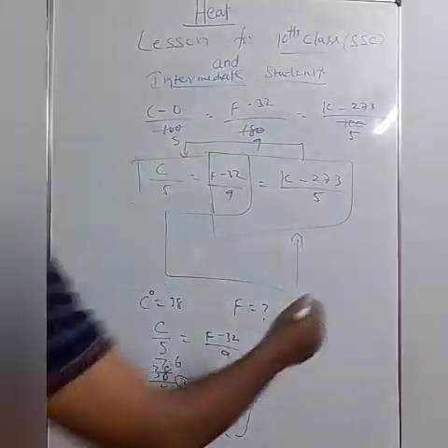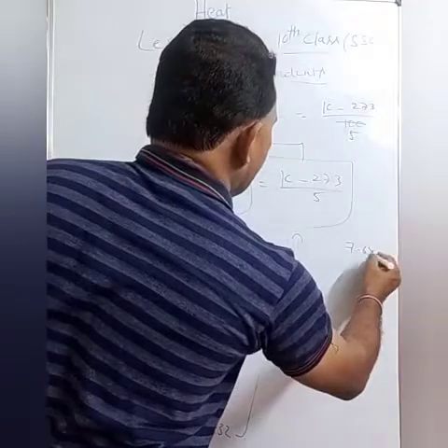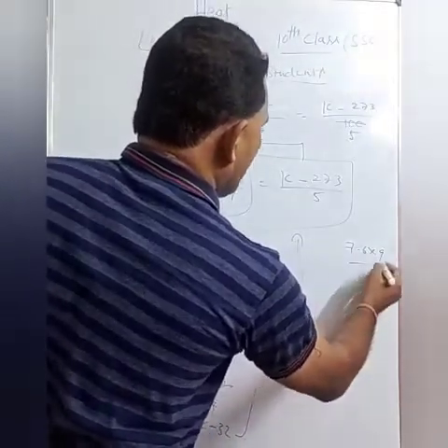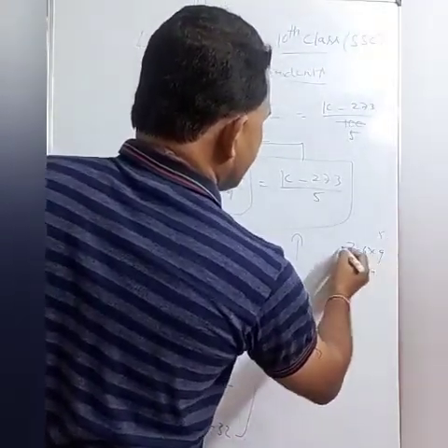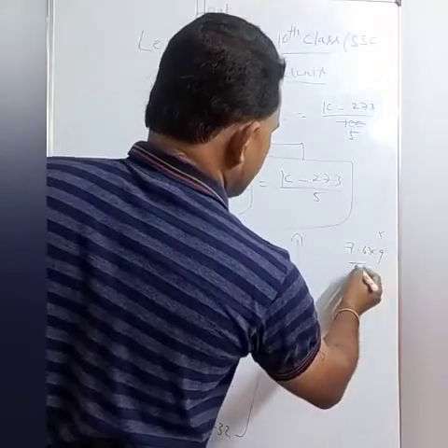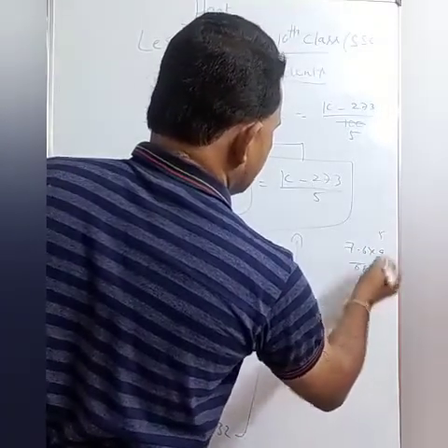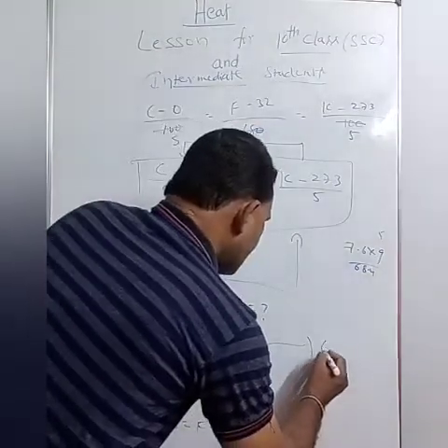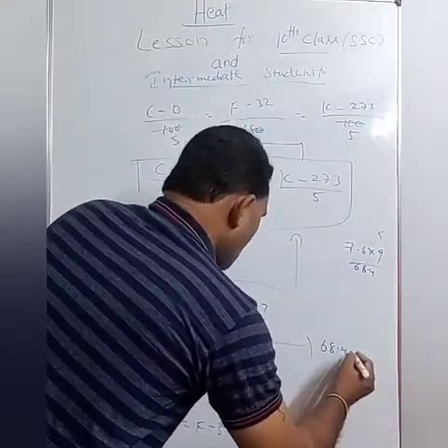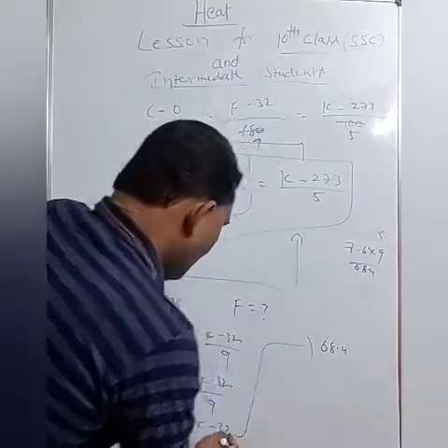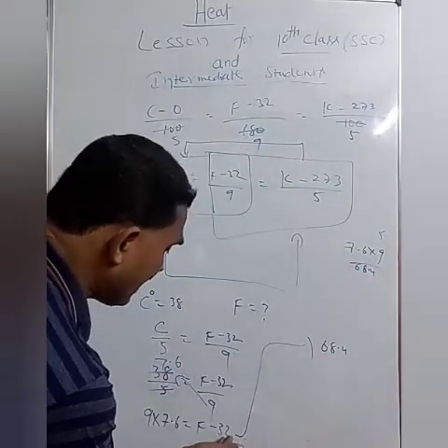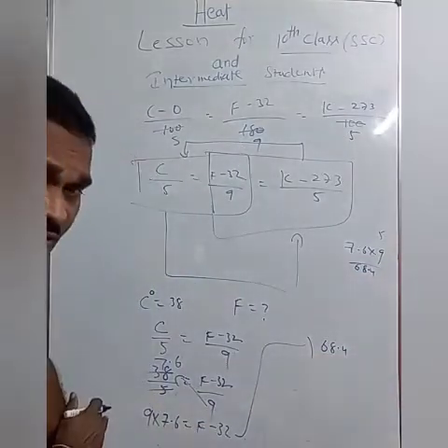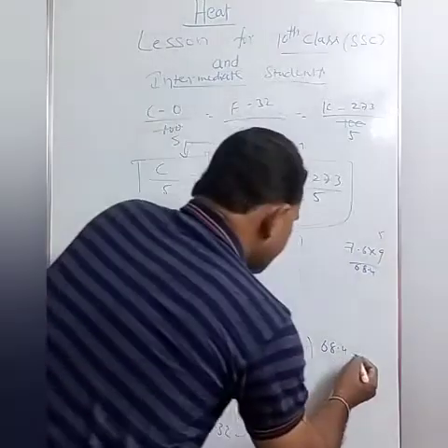First of all, we multiply 7.6 with 9. 9 sixes are 54, carry 5. 9 sevens are 63, 63 plus 5 is 68. That means 68.4. So we take 68.4 equal to F minus 32. If you transpose the minus 32 to this side, it becomes plus 32.